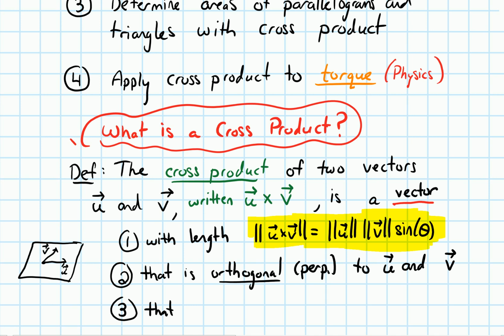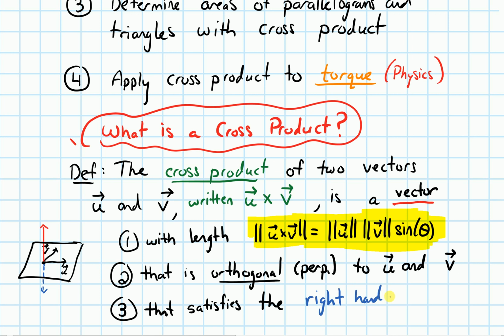And if I want it to be orthogonal to the plane, there's two directions it could go. It could go up perpendicularly to the plane, or it could go down underneath the plane. So there's two directions. So which direction are we going to choose? That's based off of the fact that it will satisfy the right-hand rule.